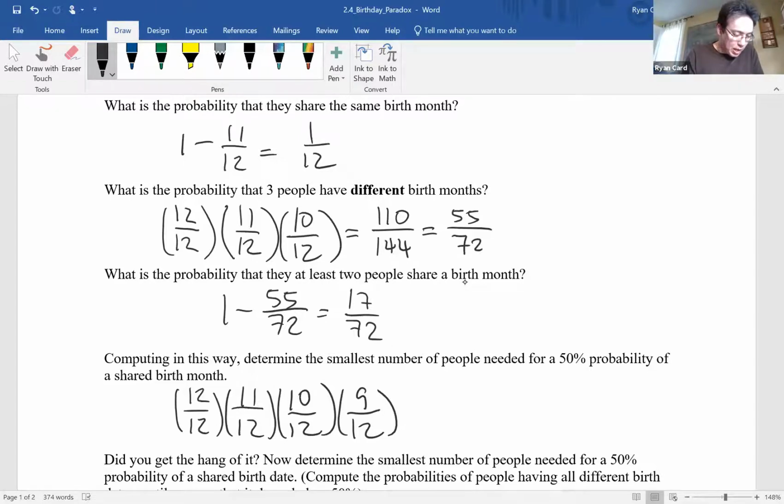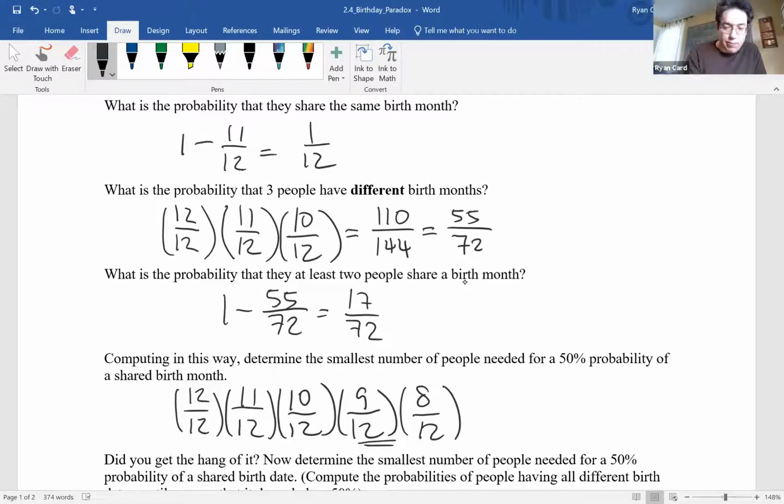If I take that and multiply by the 4th person, the fraction 9 over 12, it's still 57%. So that's not quite beyond 50% yet. For the 5th person to walk into the room, there's a probability of 8 out of 12 of being distinct from all the other people.